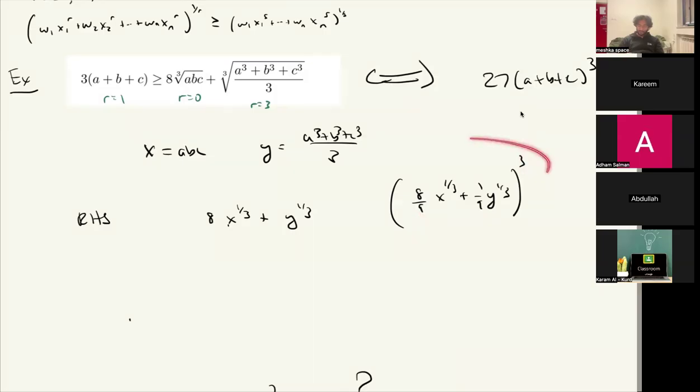If I can use an inequality to bound this, then it'll help me bound this. Does it make sense, Karen?